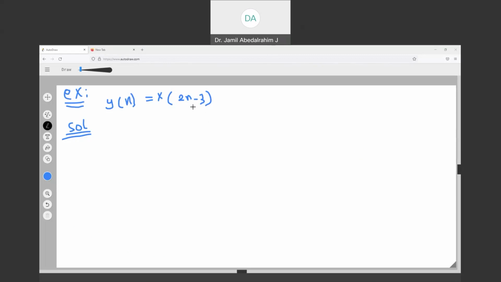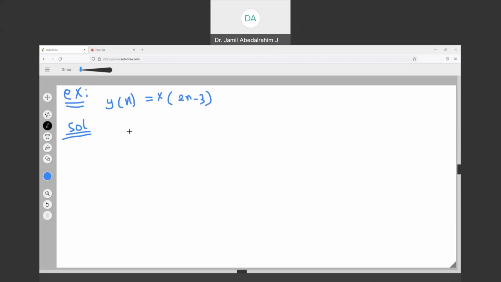Look at this equation. We need to check whether it's time invariant or not. So let's follow the same previous steps. The first step is to number each equation.